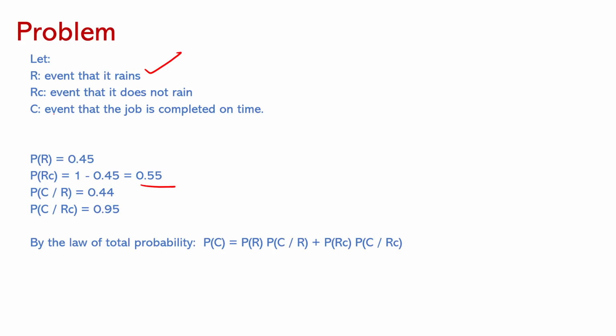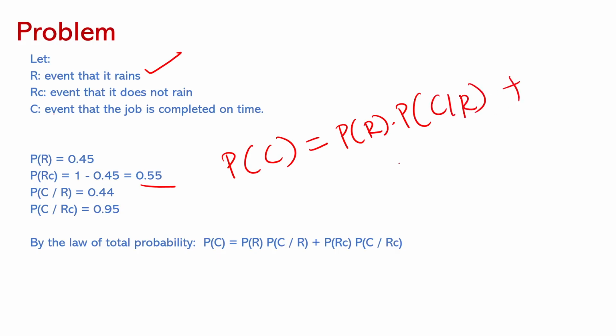Using this data, by using the law of probability, the probability that the job will be completed on time is nothing but P of R into P of C given R plus P of R complement into P of C given R complement. Okay, from the law of total probability we use this.